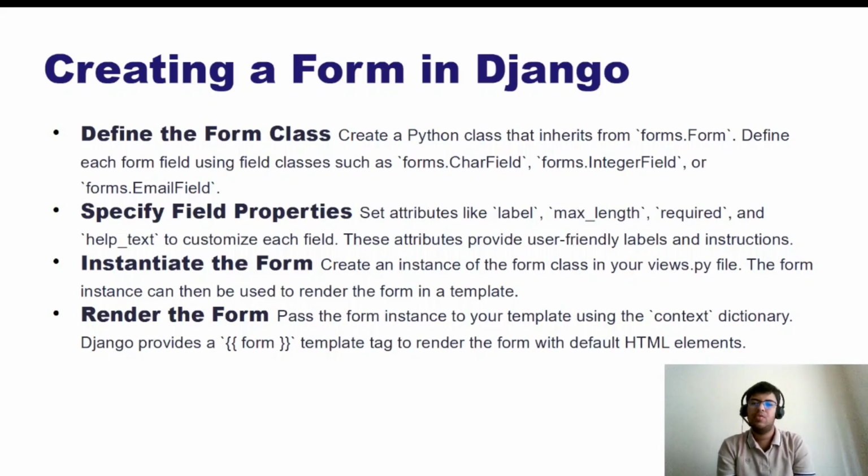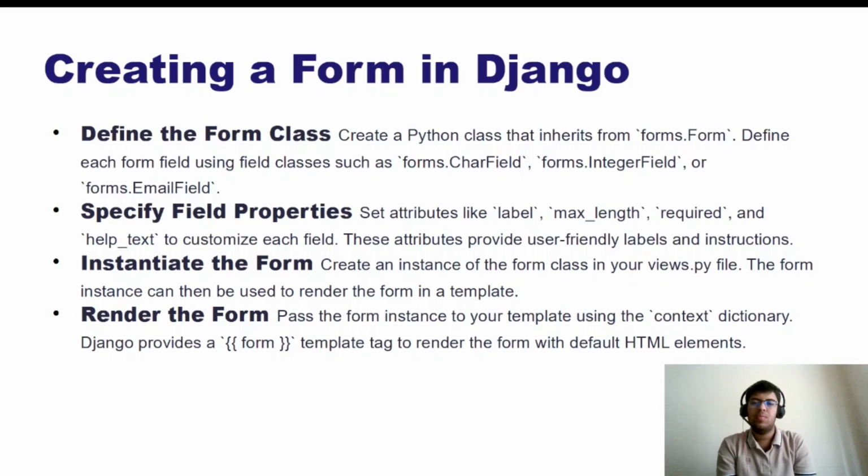Now we'll see how to instantiate the form, which means making an instance of a form using the views.py file of your Django. This form instance can be used to render your forms in a template as well. Now we will see how to render the form.